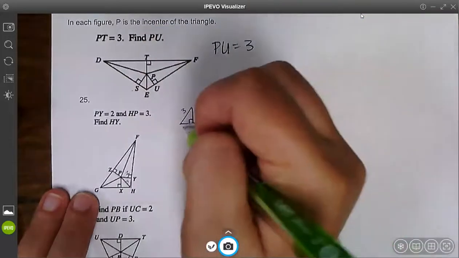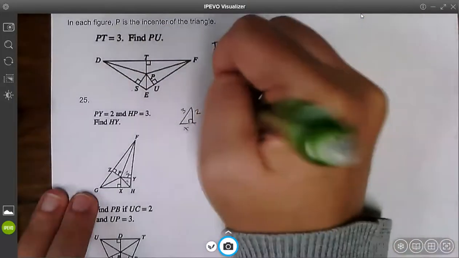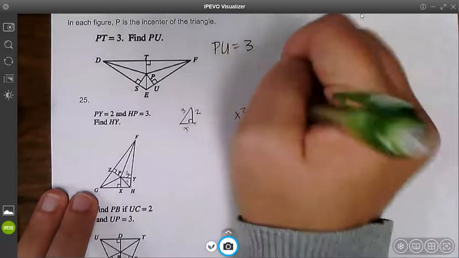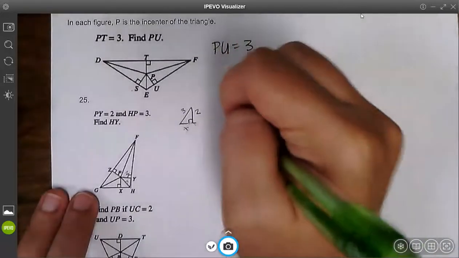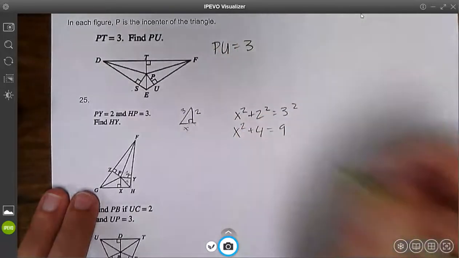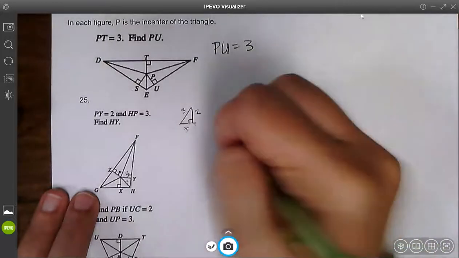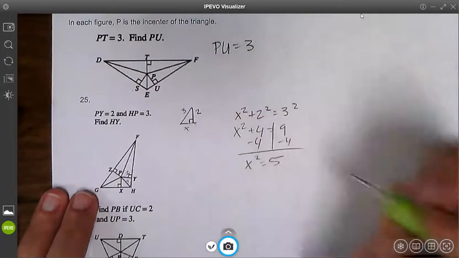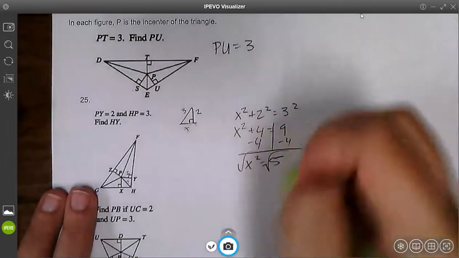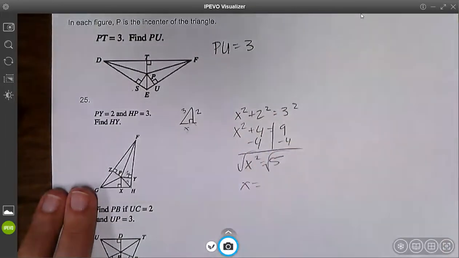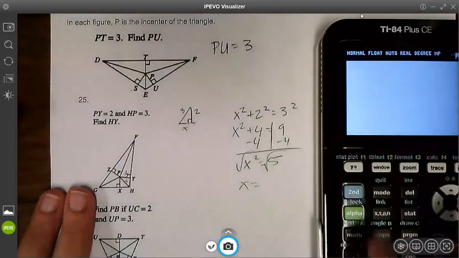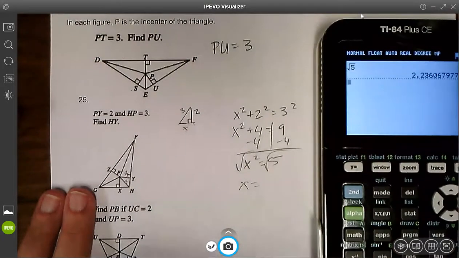We need to find this here. So x squared plus 2 squared equals 3 squared. x squared plus 4 equals 9. Subtract 4. x squared equals 5. Take the square root of 5 in your calculator. 2.2.